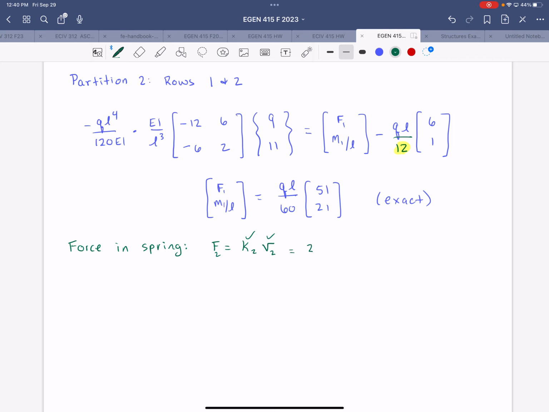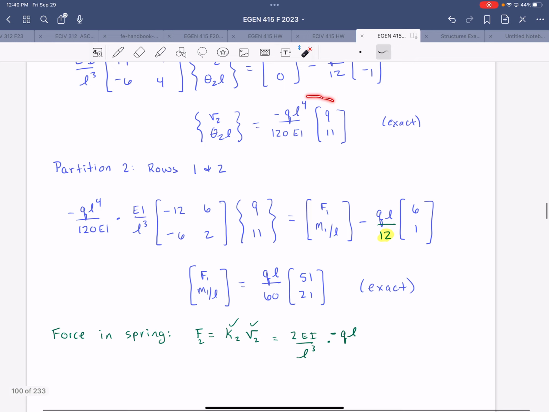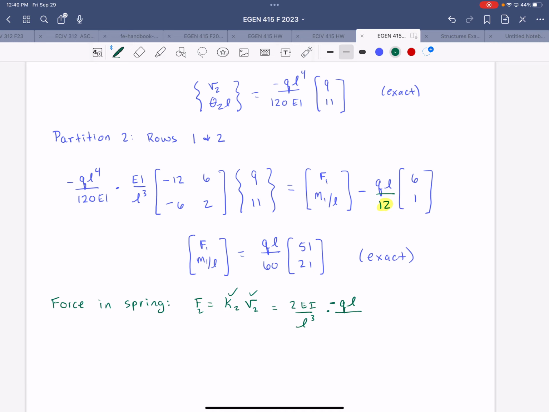So that's going to be 2 EI over L cubed, that's our K2, times negative QL to the fourth over 120 EI times 9, which gives us negative 18 QL over 120.